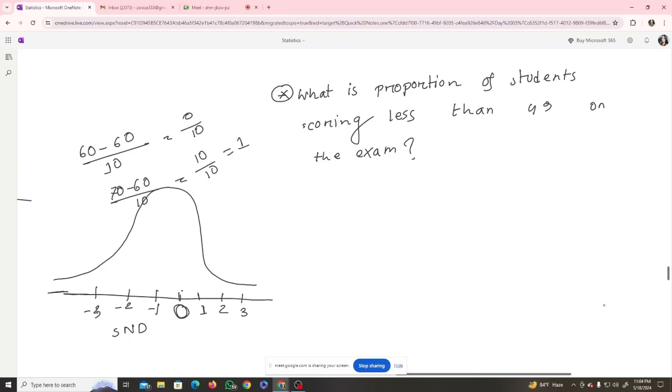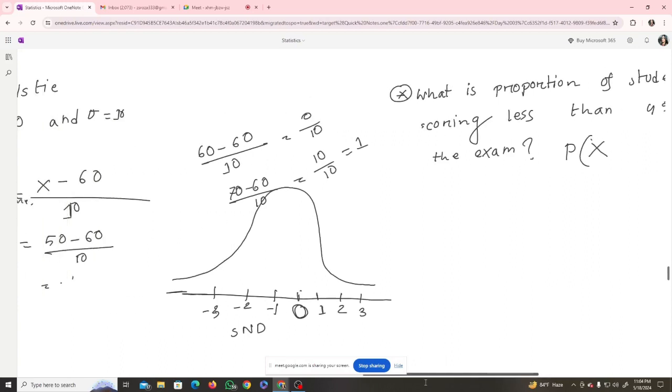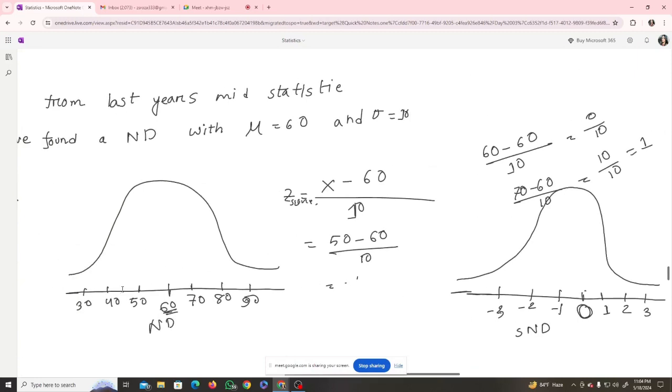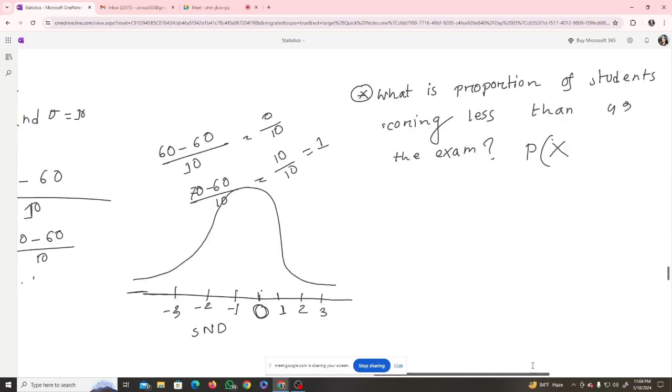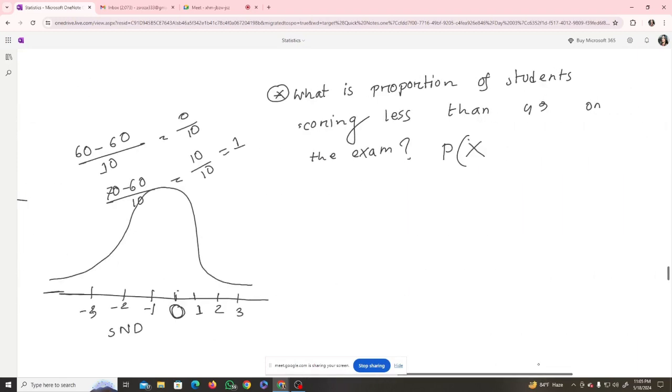So you can write your problem statement like this, because in this case you are going to find those values, or you may find the percentage of people who scored below 49. So the observation X, I mean these values, must be less than 49, right?